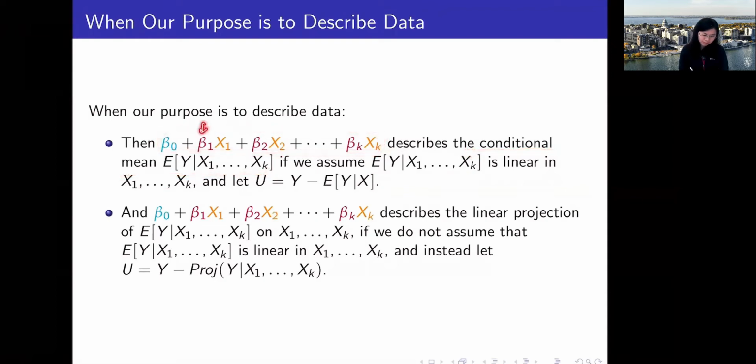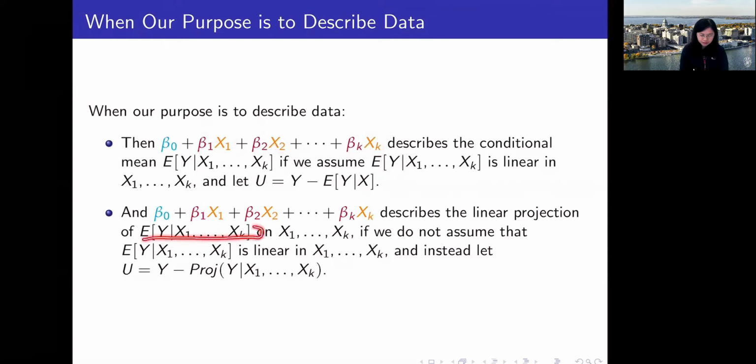And these betas will measure how much the conditional mean changes when x1 changes, right? How much y changes on average when, say, x1 changes, holding the other x variables constant.